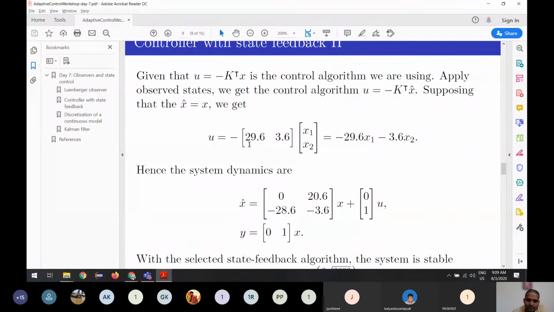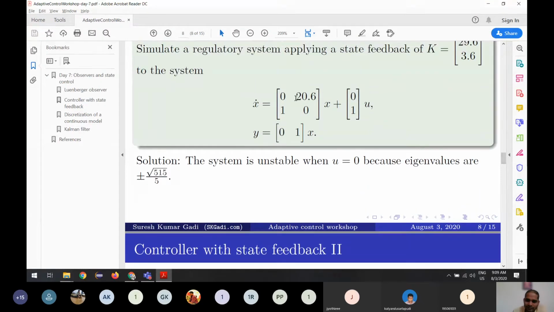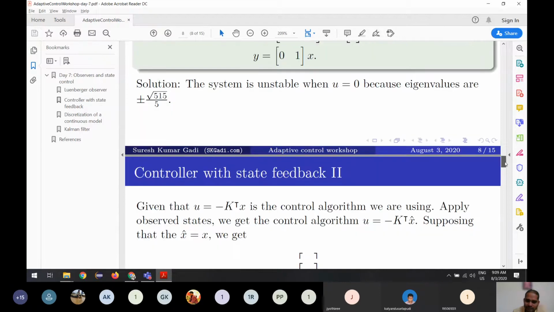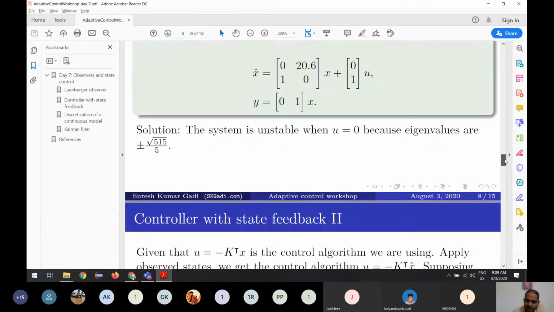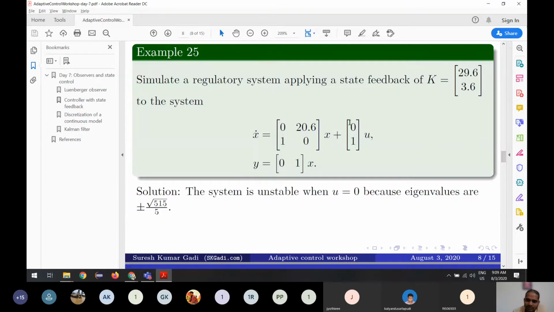So U is equal to minus K times X, which is X1, X2. If you multiply, we get this. And if you see the first equation, this one is 0, 1, 0, and this is X1, X2, and we are having U as this value, right? So if you multiply U with this value, what do you get? This part is 0.